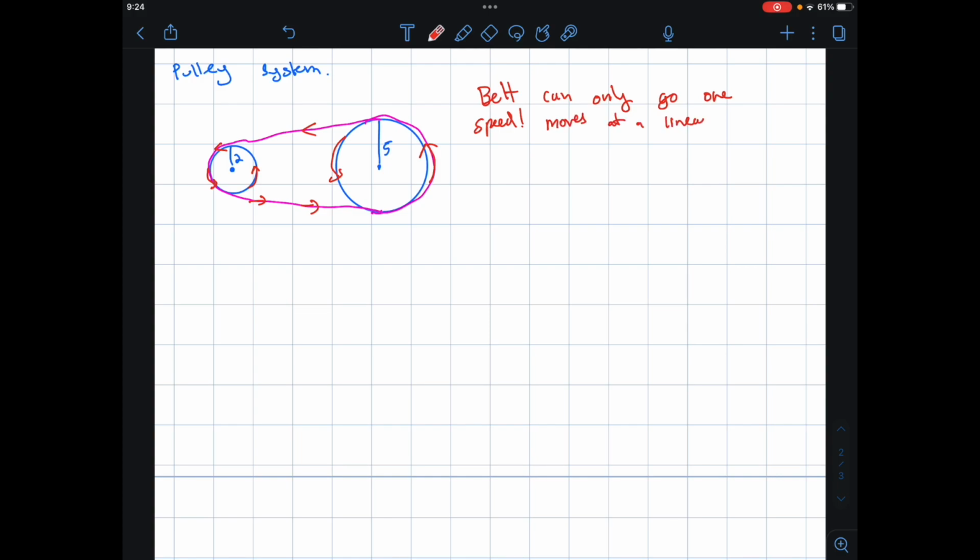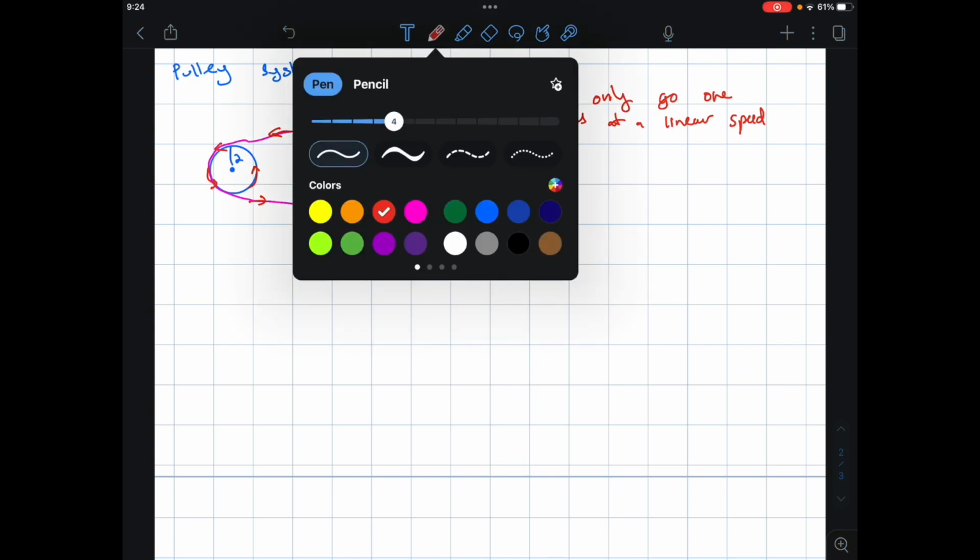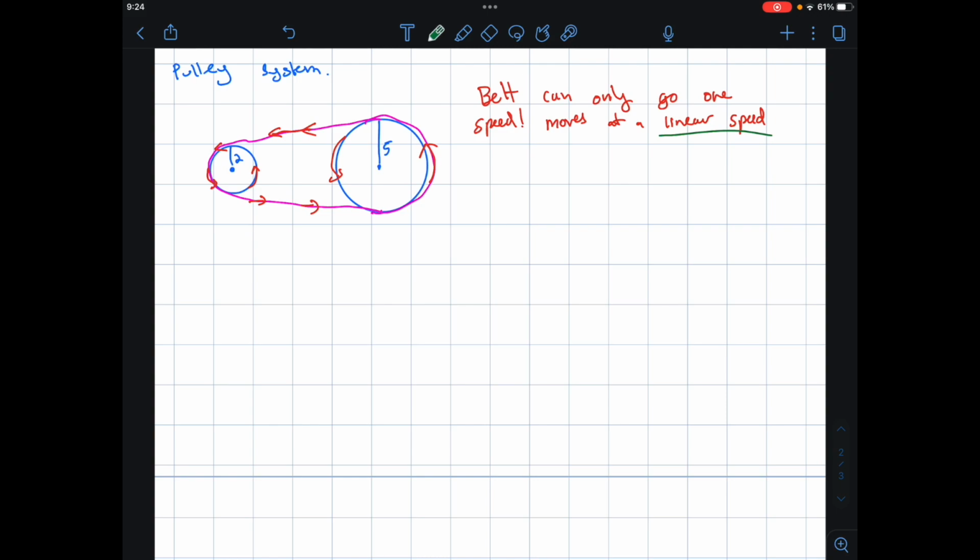We consider the linear speed of the belt, and we want to know how much linear distance the belt is moving per unit of time. If the belt is moving at a linear speed, and the wheels are both attached at the belt, and the belt can only go one speed, that means both wheels must have the same linear speed.